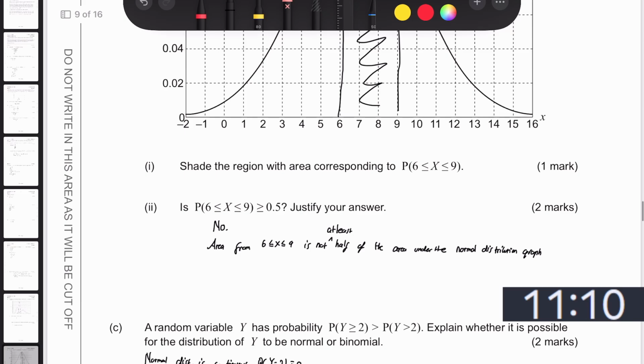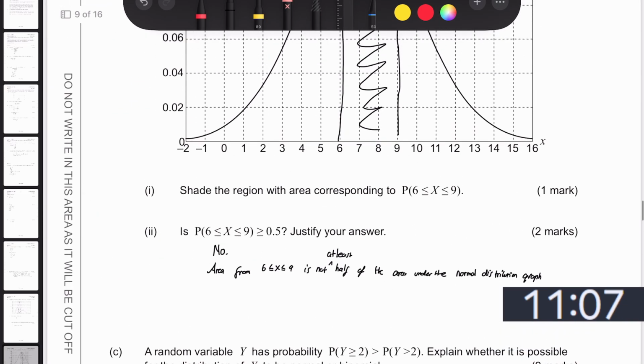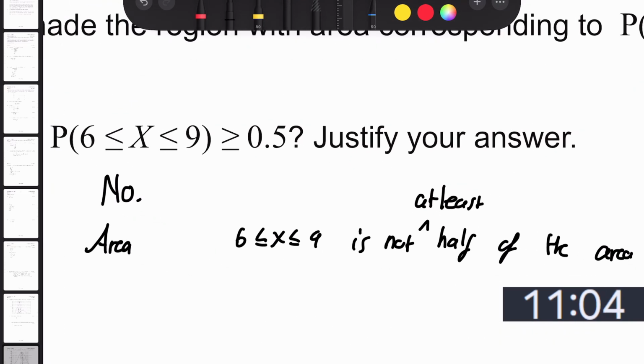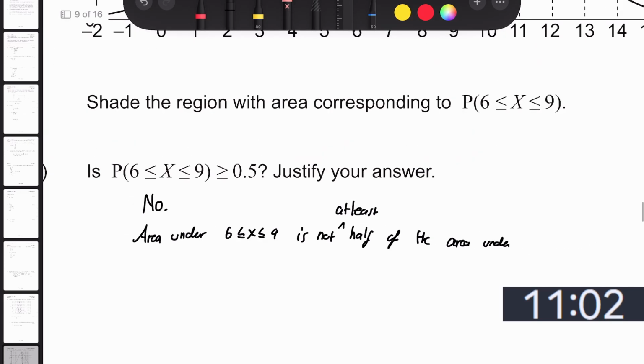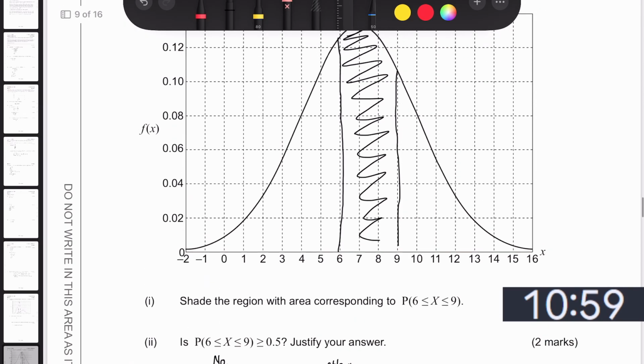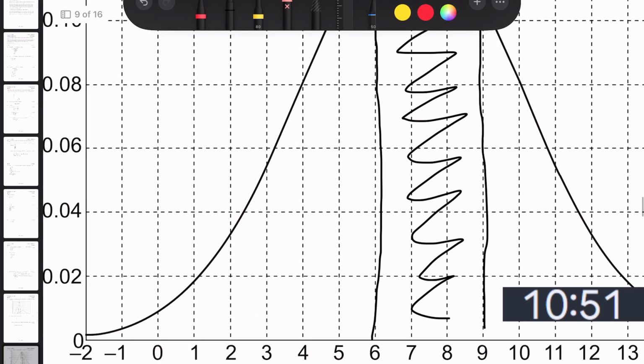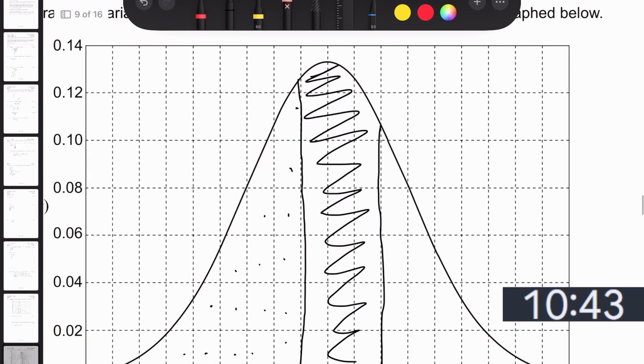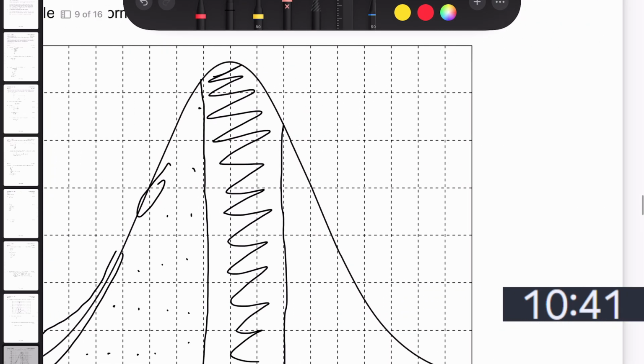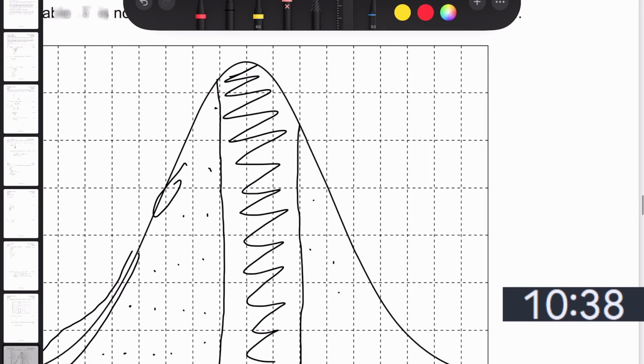Calculate the region corresponding. Is that greater than a half? Area under. It's not really, it's half of the area. I think it's not at least half. It's 1, 2, 3, 4, 5, up to 30.